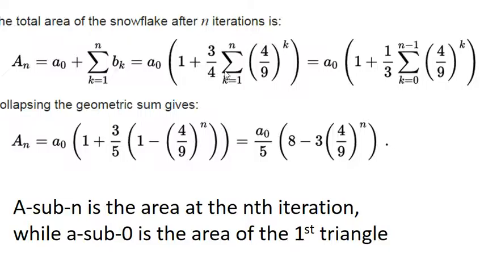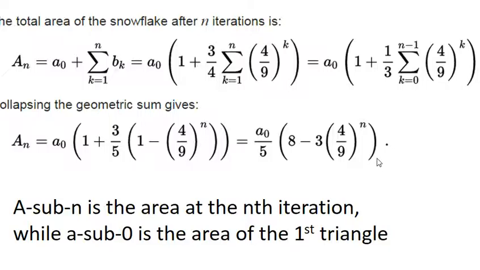I'm not going to explain all the math. But this is a geometric series, and we have formulas that allow us to calculate that. So we get this. And finally, if you clean up this expression a little bit, you get a sub 0 over 5 times all this mess. That's the area of this thing at any particular stage.